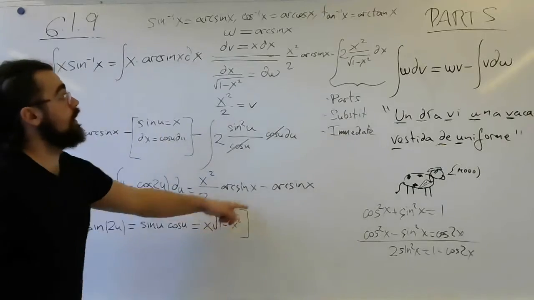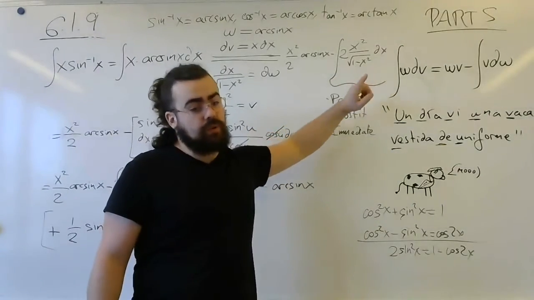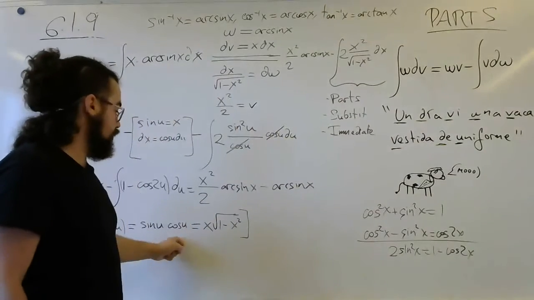How did I do this? The same way we worked this around. The square root of 1 minus sine squared is the square root of cosine squared, which is the cosine.